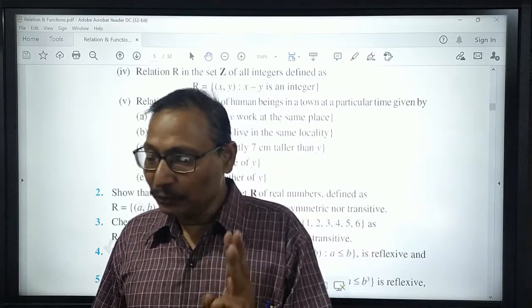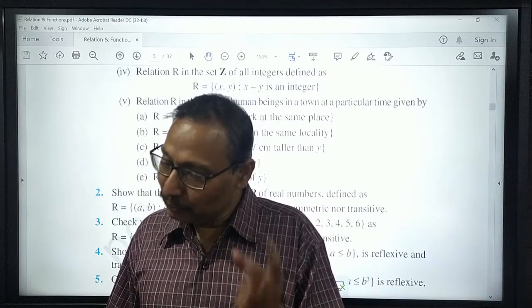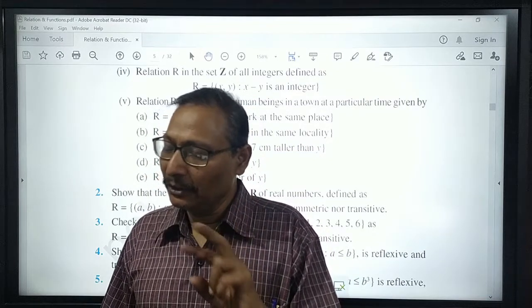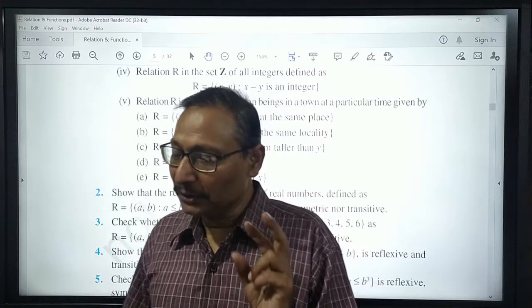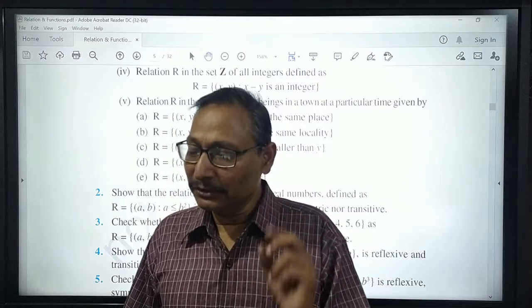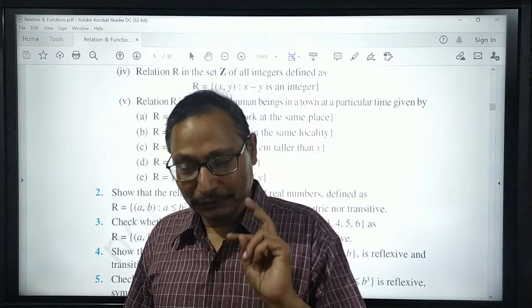Finally, if we want to check transitivity of any relation, we will have to pick two pairs from a given relation, and not only this, pairs should be of that kind in which the second element of the first pair must be the first element of the second pair.